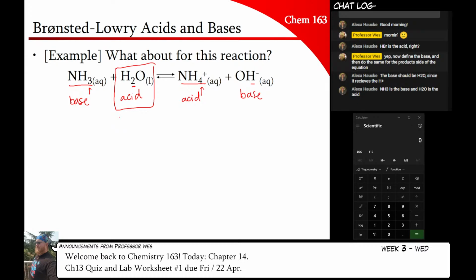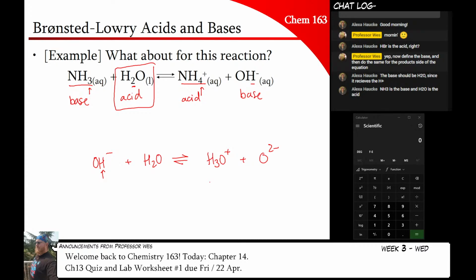So there's no way to really memorize what does what, except for certain specific conditions. So, for example, hydroxide, virtually always going to be a base when you see that. There is one instance where OH minus could be an acid, and it's really, really unlikely. And that would be something like this. Where I remove this H plus from hydroxide.